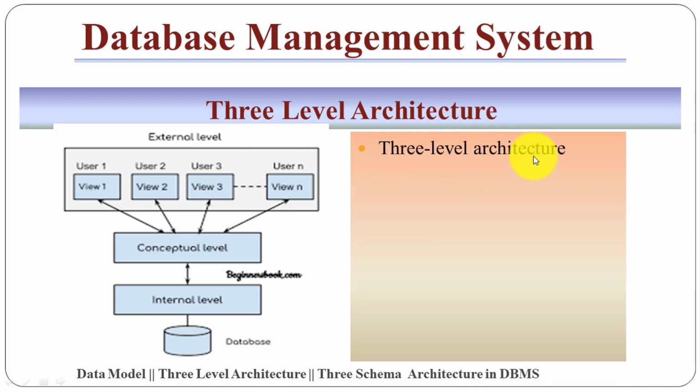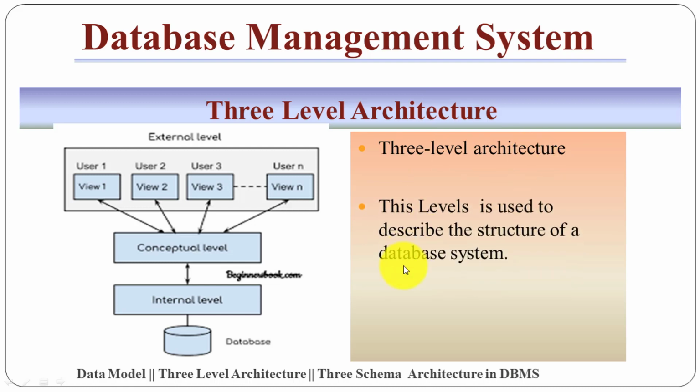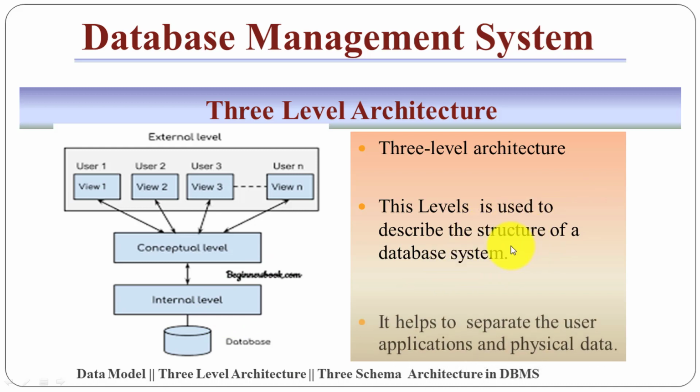Now, this is the three-level architecture. Basically, why do we use this architecture? Because these three levels are used to describe the structure of the database system, that is, the design of the database system.